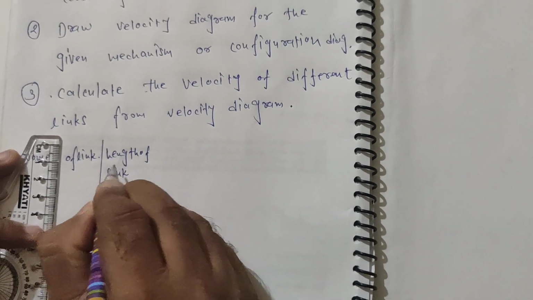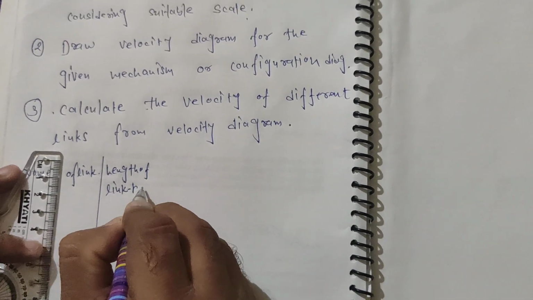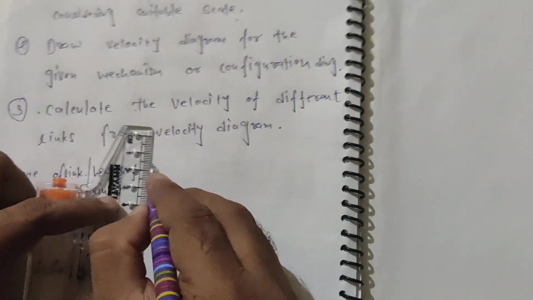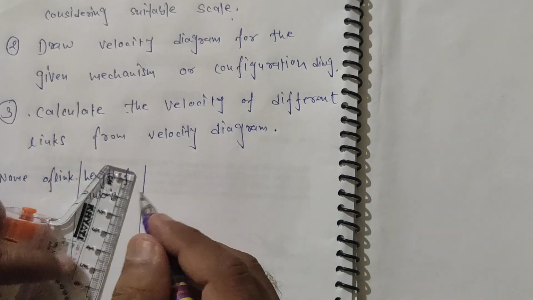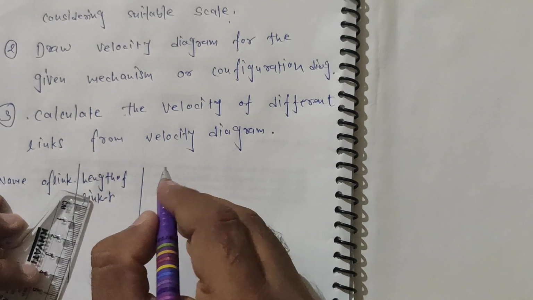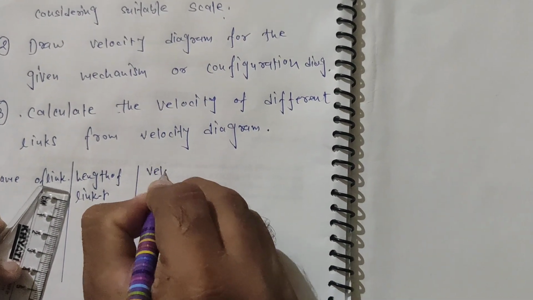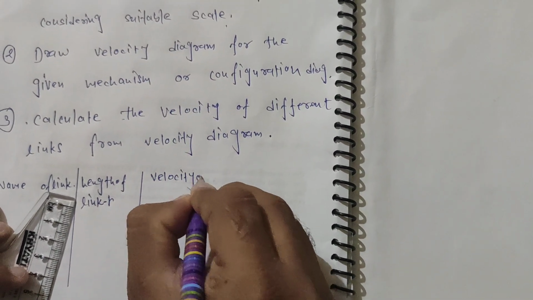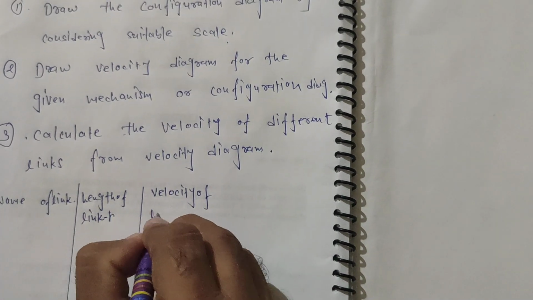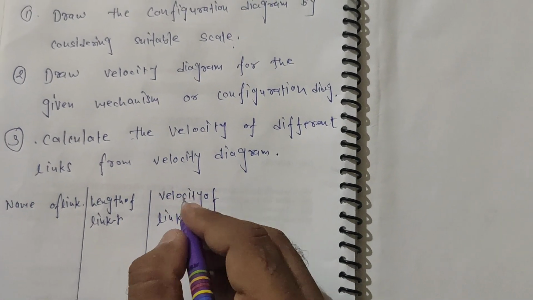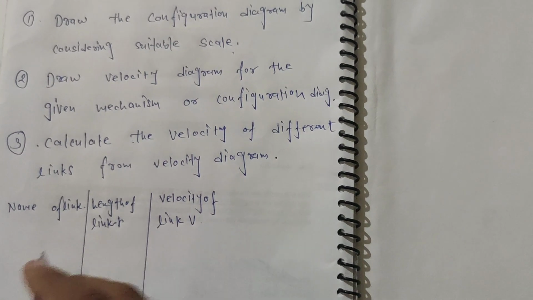The length of the link is nothing but our r. Okay, then the velocity of the link. Velocity of link, that is v.